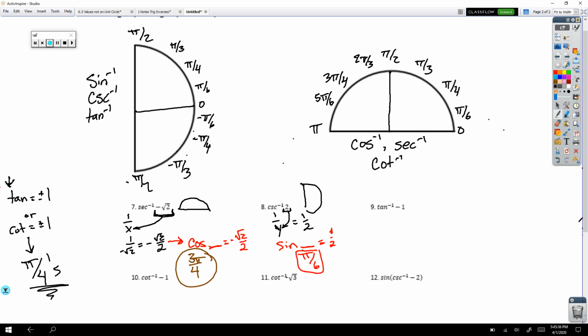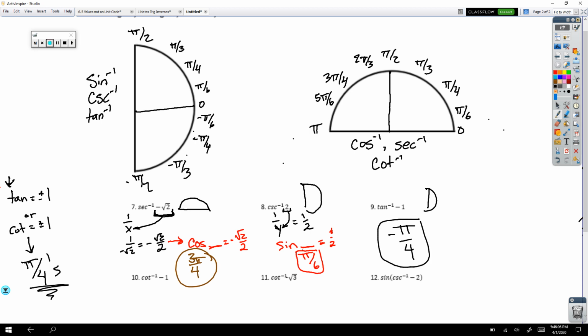Then it's just determining, based on positive or negative, what quadrant you're in, and that helps you identify which answer choice you're going to choose. So, first off, tangent deals with my vertical half circle, and it's negative, so that's going to put me in quadrant 4. And again, it's negative 1, so that means it's one of my pi over 4s, so the pi over 4 in quadrant 4 for this half circle gives me the answer negative pi over 4.